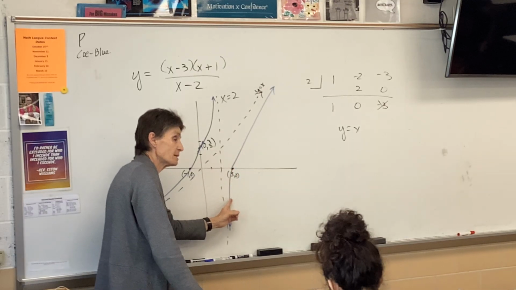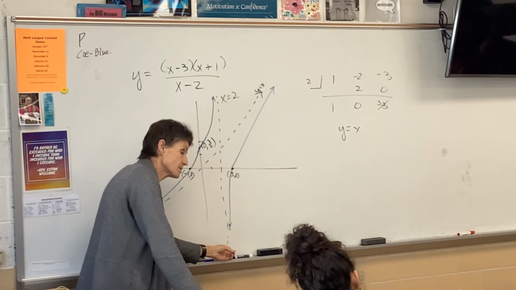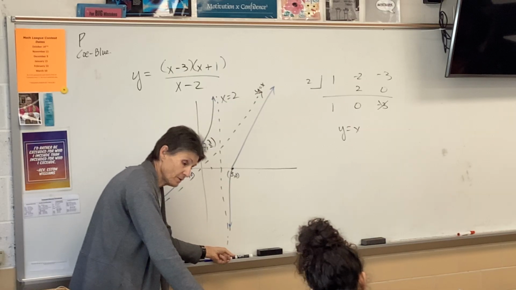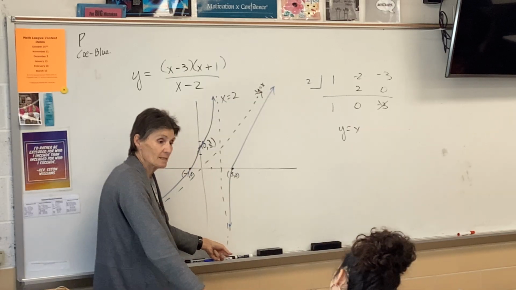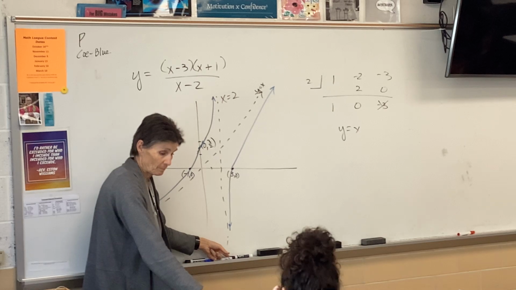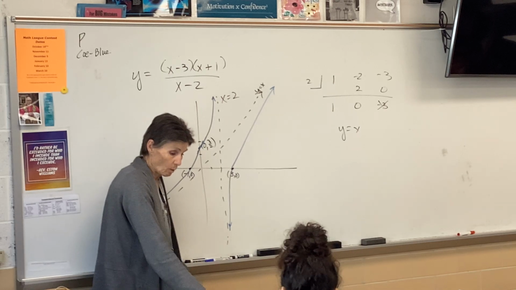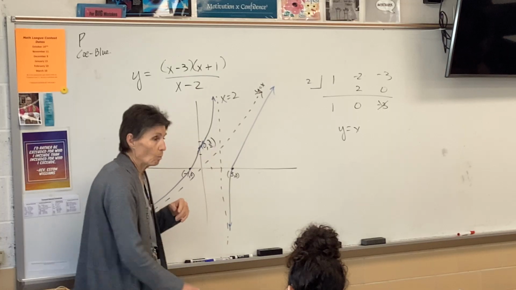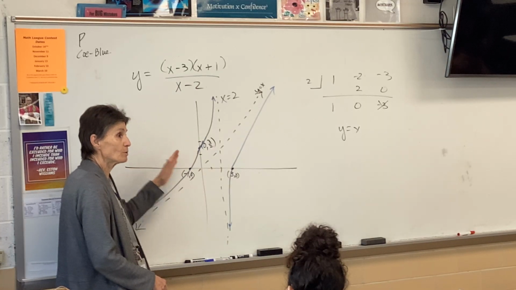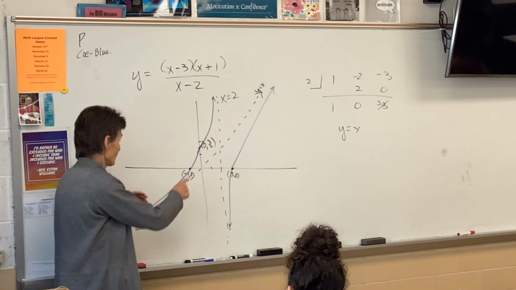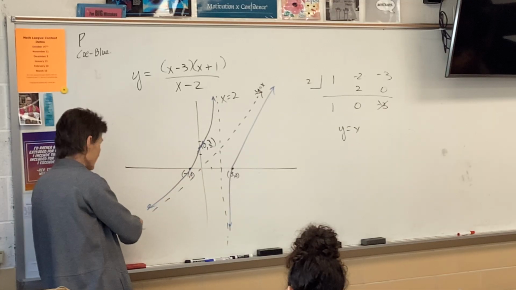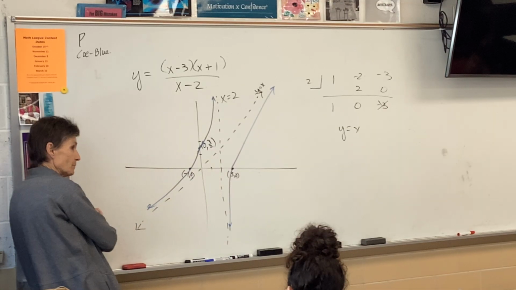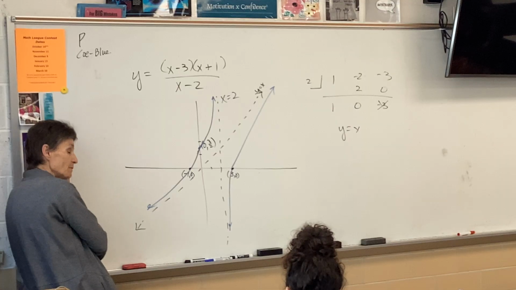Coming in from the positive side, the answer is negative infinity. Number 10 is negative infinity. Now, what's 9? 9 says, what happens as you go to the left? Well, just keep going. What's my arrow doing here? Going down, negative infinity.